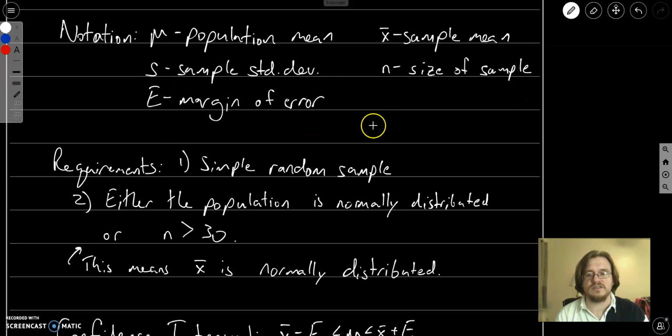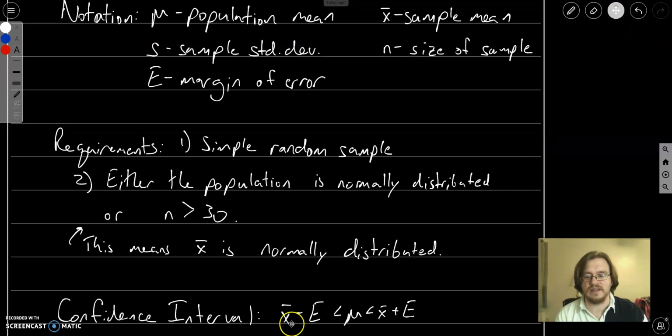And E, just like last time, is going to be the margin of error. And if I skip ahead for a second, the confidence interval itself is simply going to be x bar, so the sample mean, plus the error minus the error. So anywhere between those two values is going to be what we'll be confident the population mean will be between.